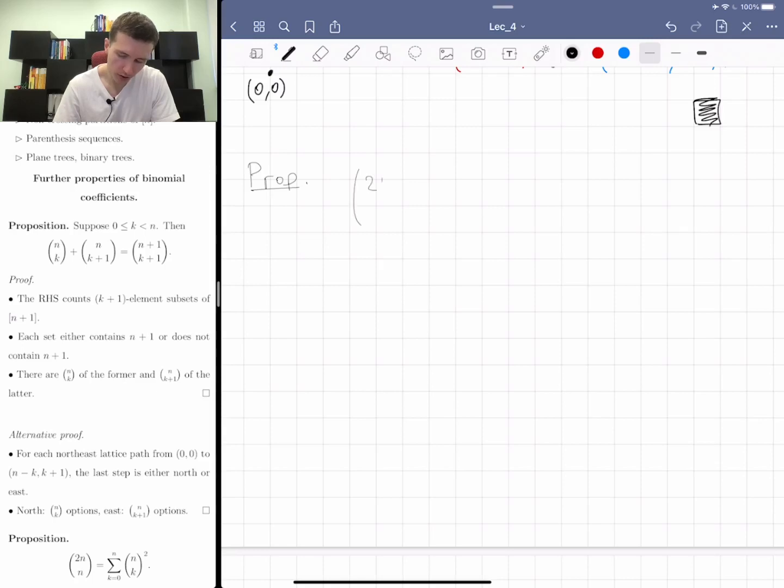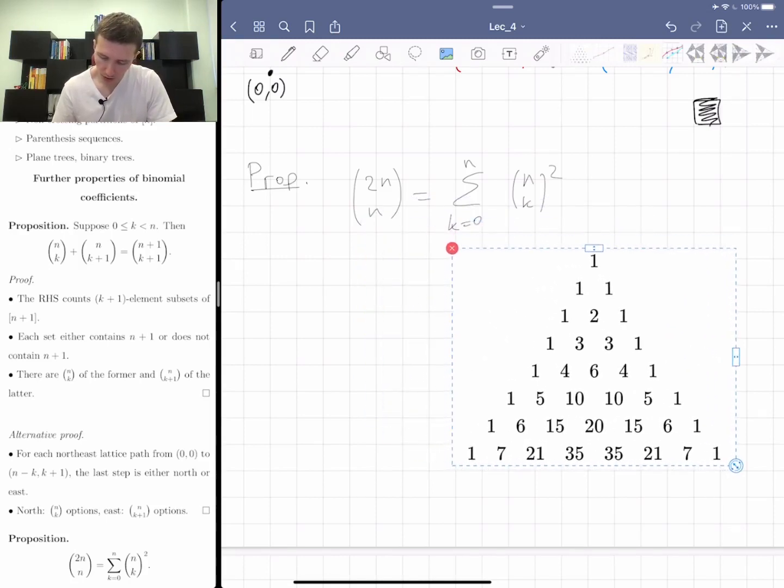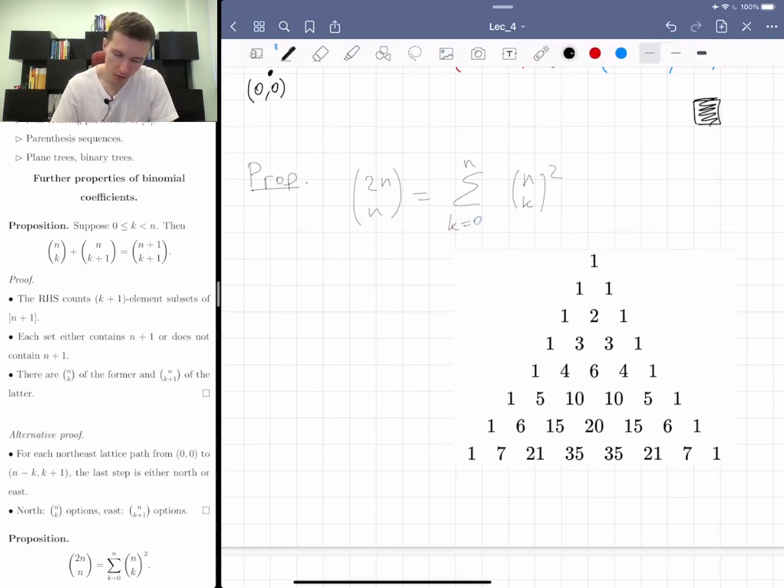The proposition is that 2n choose n is equal to the sum for k from 0 to n of n choose k squared. Let me see if I can do an example of this. Maybe n is equal to 3. Would that be all right?